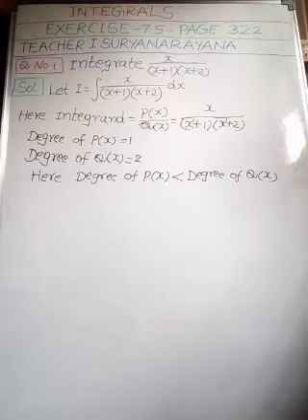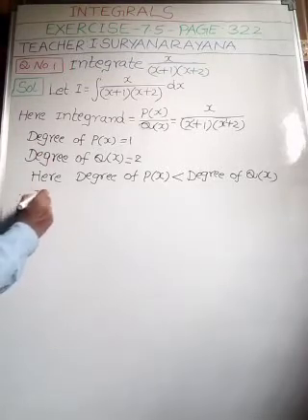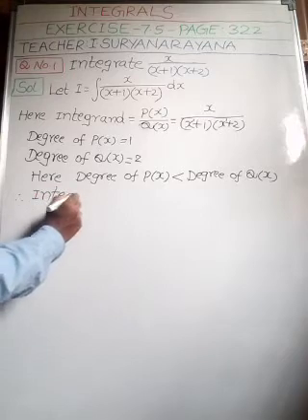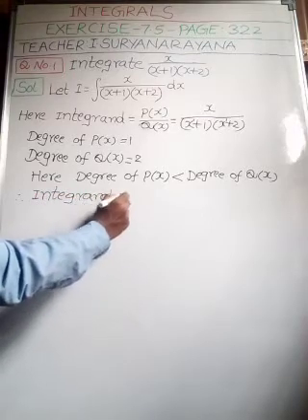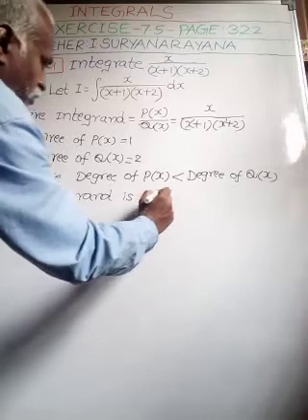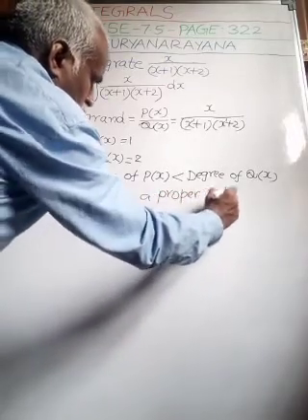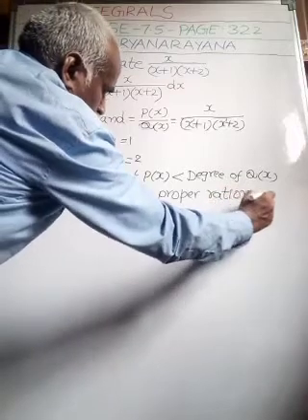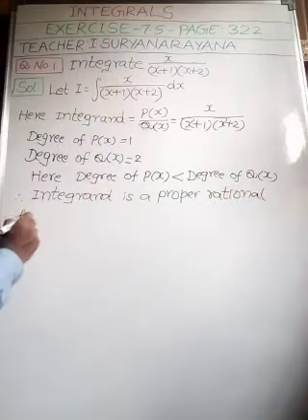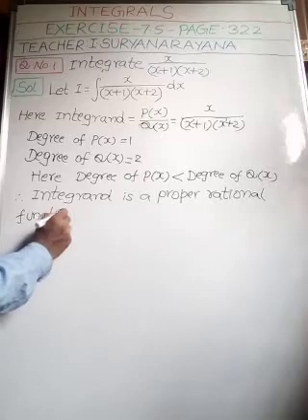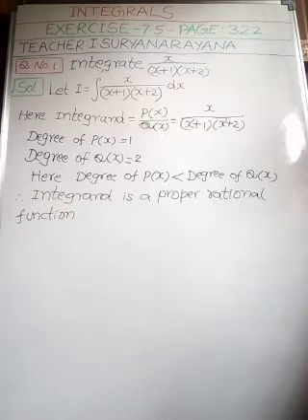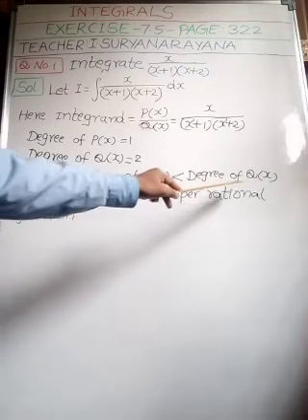Therefore, the integrand is a proper rational function, because the degree of p of x is less than the degree of q of x.